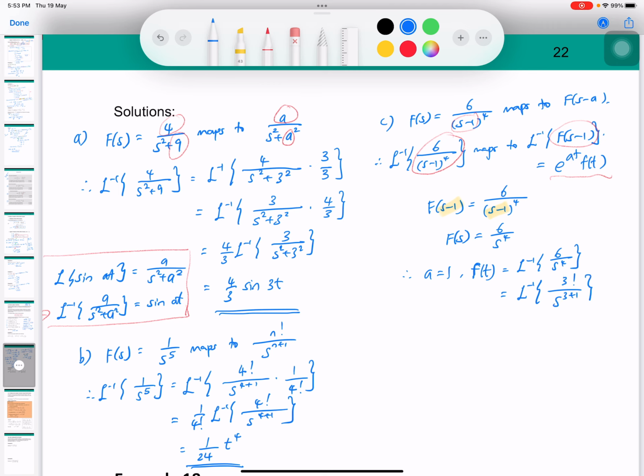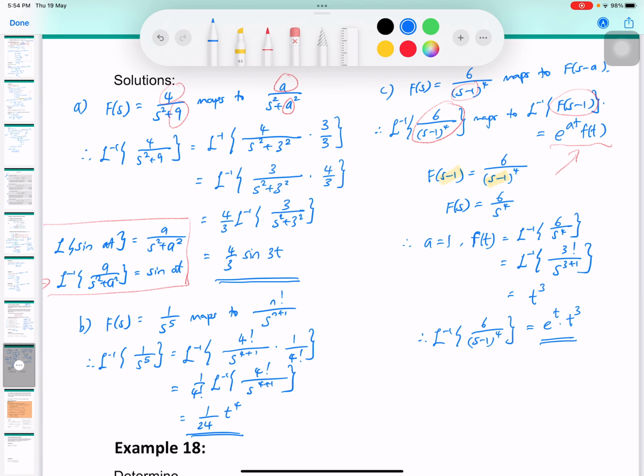It happens that this is nicely written, which is t to the 3. Therefore, inverse Laplace of 6 over s minus 1 to the 4 equals to, we put it inside here, e to the 1t times f of t, which is t to the 3. That is your answer.